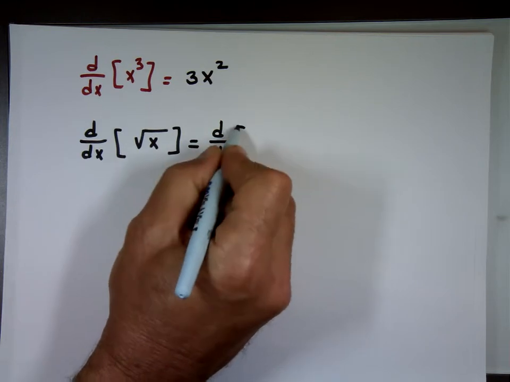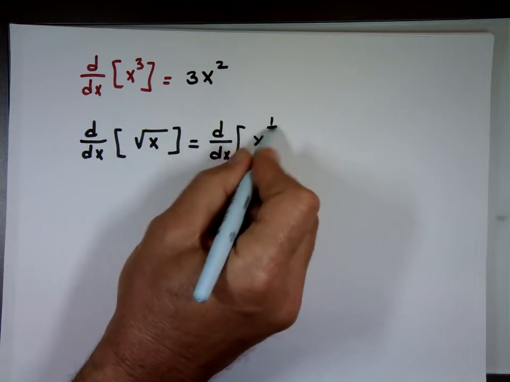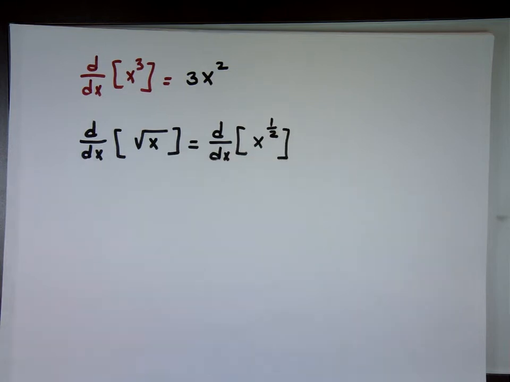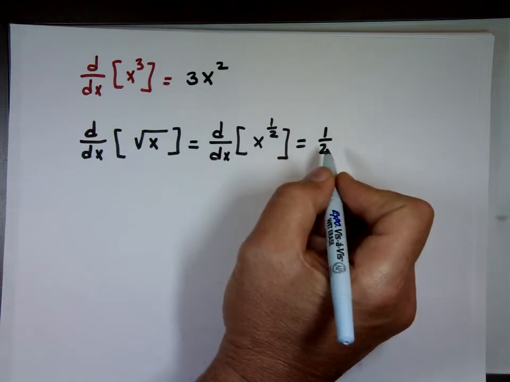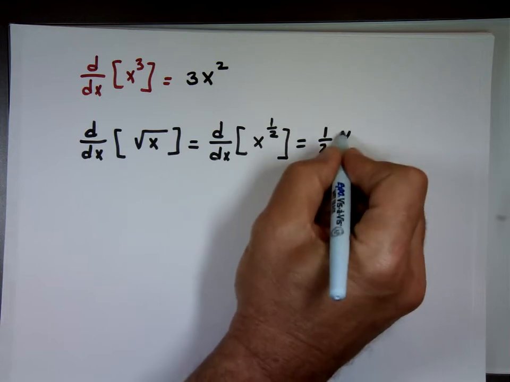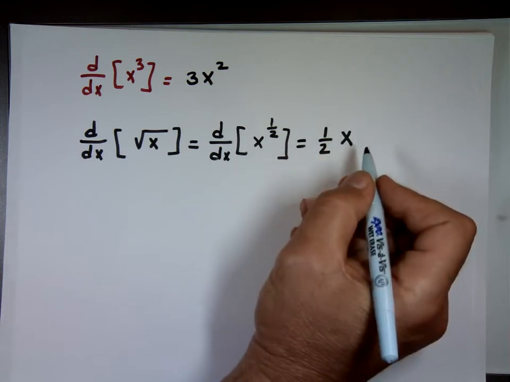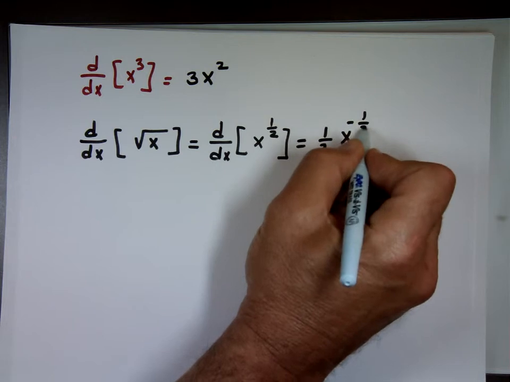Yep, the square root means x to the power of 1/2. Isn't that what the square root is? So that will be 1/2 x to the power of what? Minus 1/2.